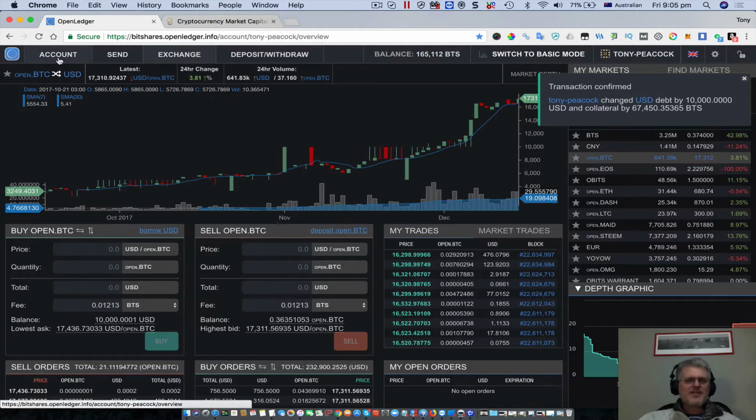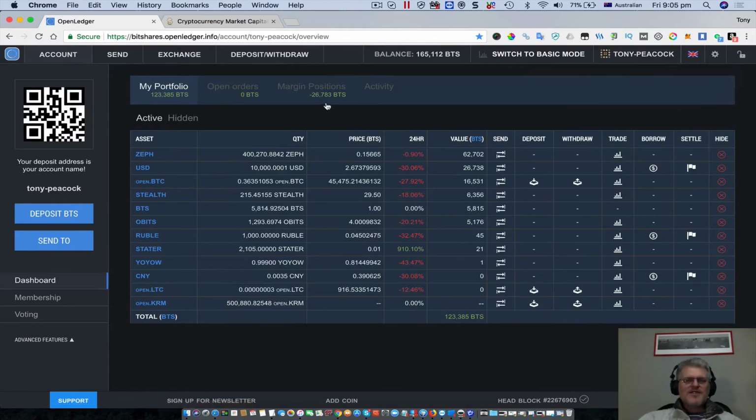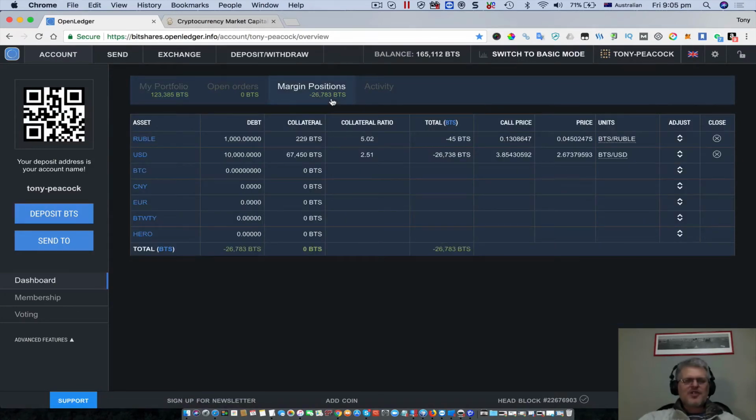Now, if I go back to my account, you can now see I have a margin position. So it's 10,000 and it's collateralized with 67,450 Bitshares. So I just took 67,450 Bitshares out of circulation. Okay, now think about that.